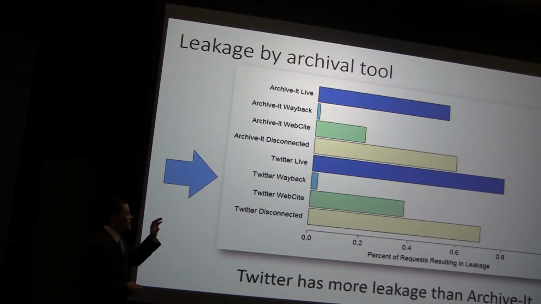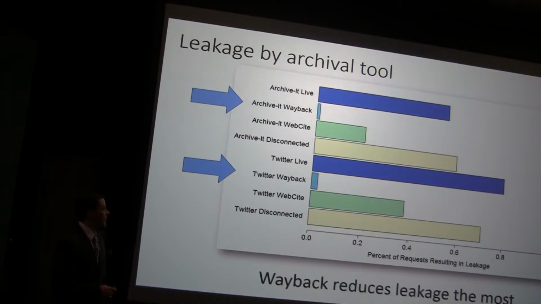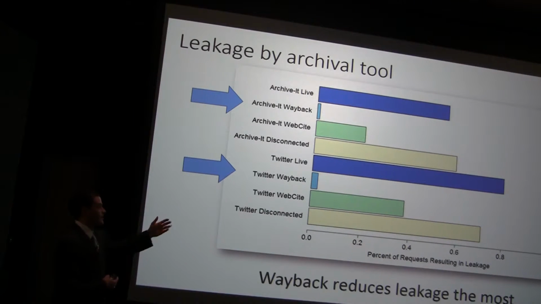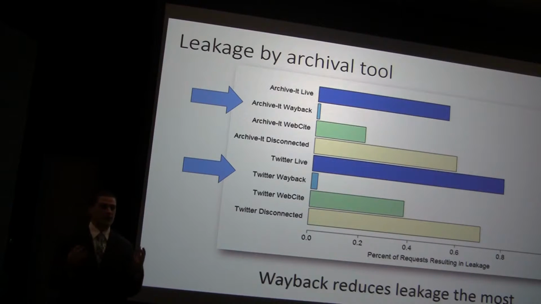But the punchline here is that Twitter has less leakage than the Archive-It set. The other thing to note here is that the Heritrix and Wayback combination limit the leakage the most in our archived collection. In other words, Heritrix is doing the best job of limiting the leakage that we see in the mementos.